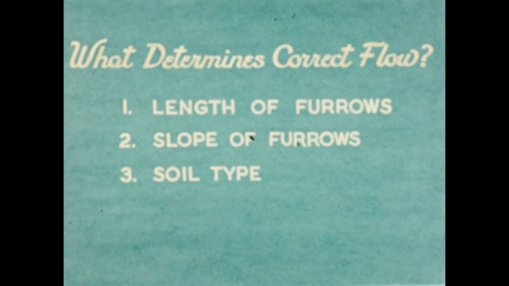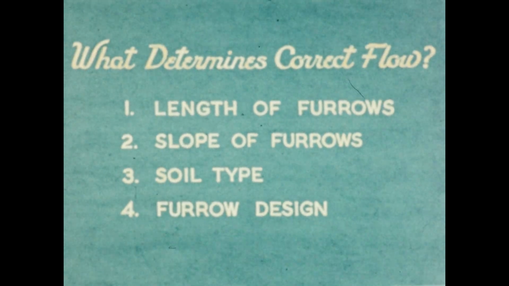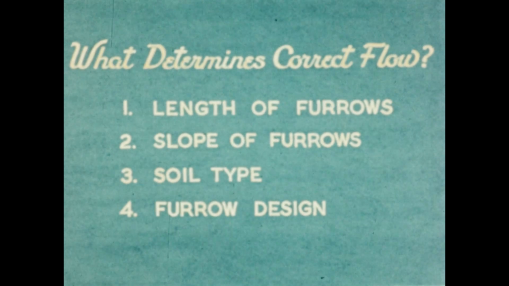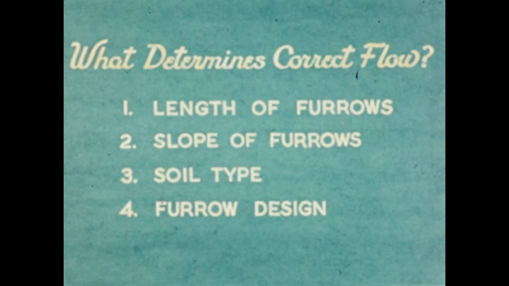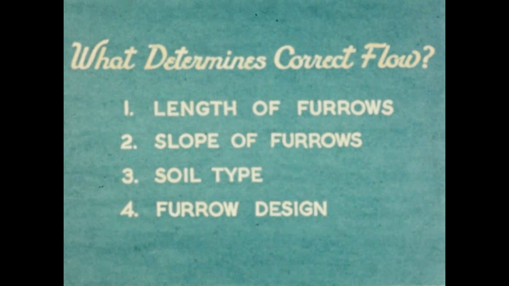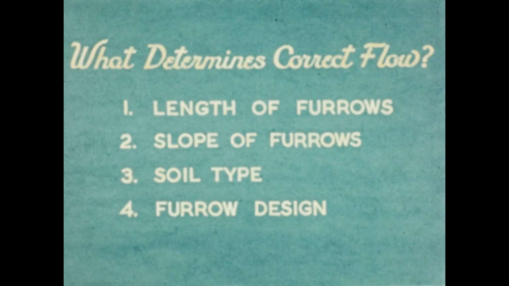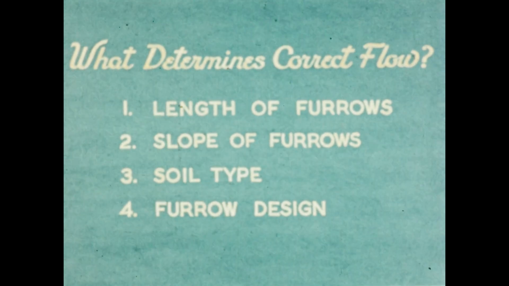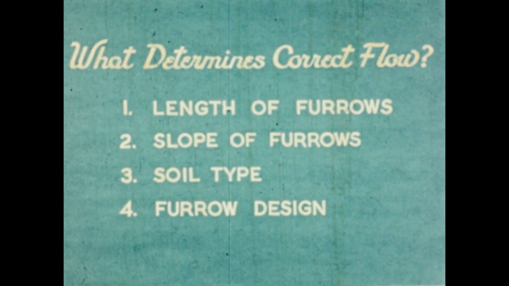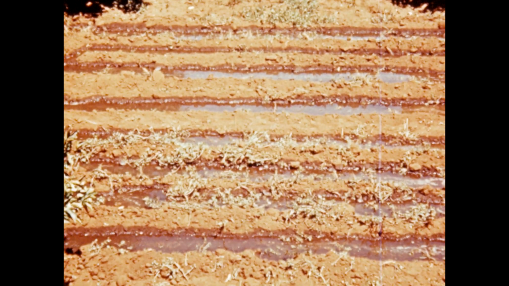Then there is furrow design, another factor affecting rate of penetration and therefore flow. Furrow design determines what proportion of the surface area of the soil is wetted by the flow. As previously mentioned, closely spaced furrows are required on steep slopes.